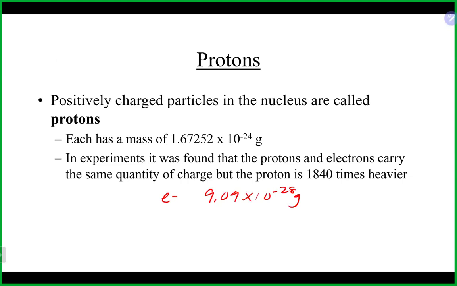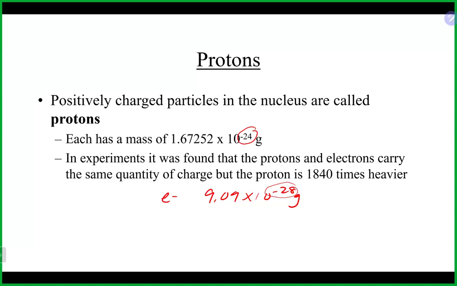Which one is heavier, the proton or the electron? The proton is. So remember, if you're comparing negative exponents, the smaller negative exponent is actually the larger number because you're not doing as many zeros to the left. So it makes it a bigger number. So actually, the proton is around 1,840 times heavier than any electron flying around.